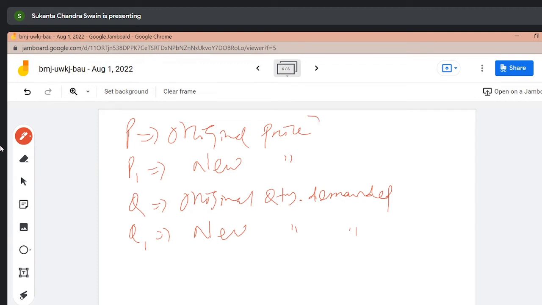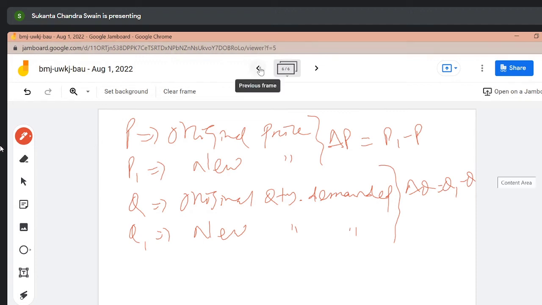Then the change in P, denoted as del P, is equal to P1 minus P. Similarly, the change in quantity demanded, del Q, is equal to Q1 minus Q.